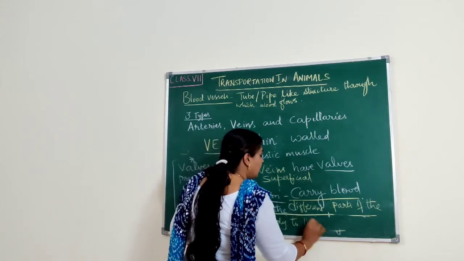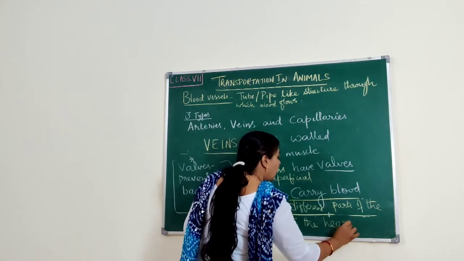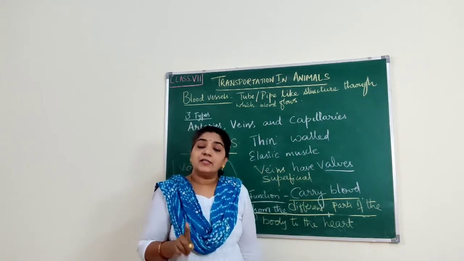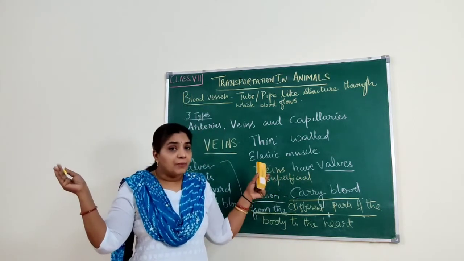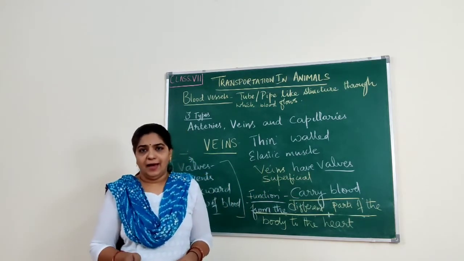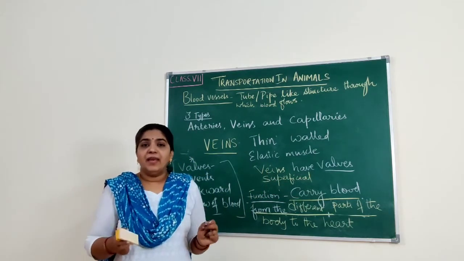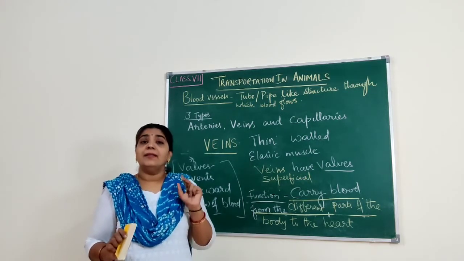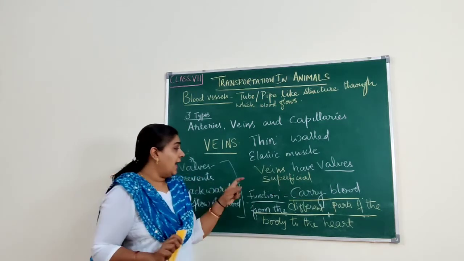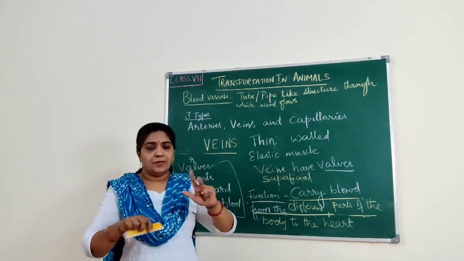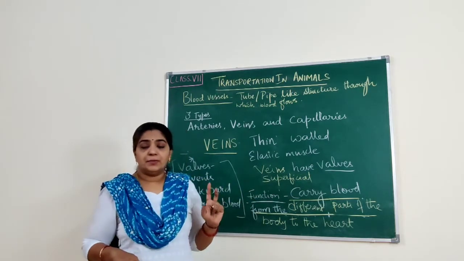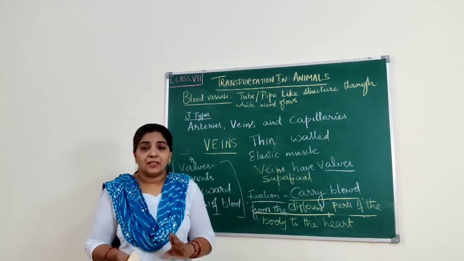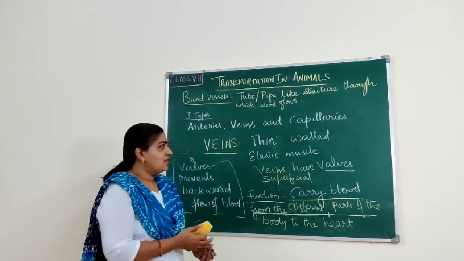Okay, see, when we learned about the arteries, they always carry the blood from the heart to different parts, whereas vein will carry the blood from different parts of the body to the heart. So that's the difference between vein and the arteries, right? Veins are thin walled, they have valves, okay, and they are superficial, that is, they are present on the surface only, they are not deep seated. And coming to the function, they carry the blood from the different parts of the body to the heart. Okay, so that's about vein.